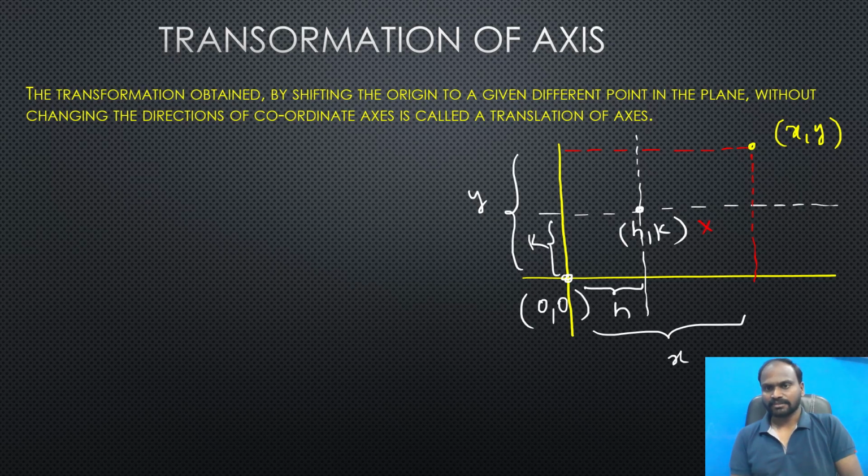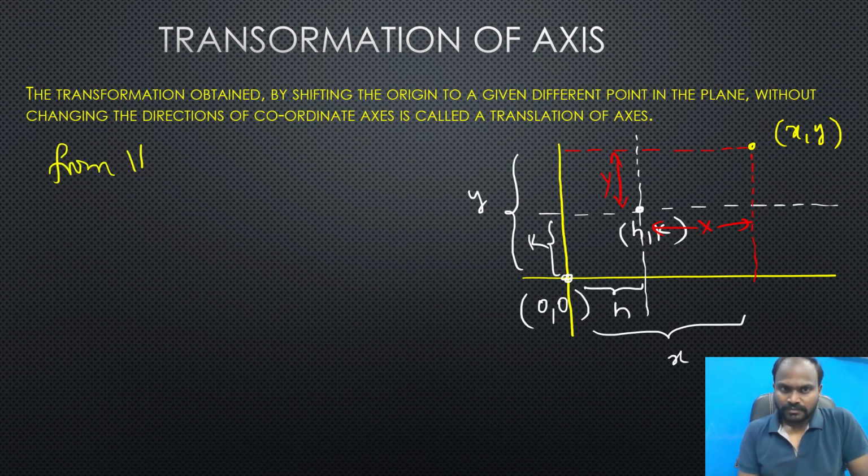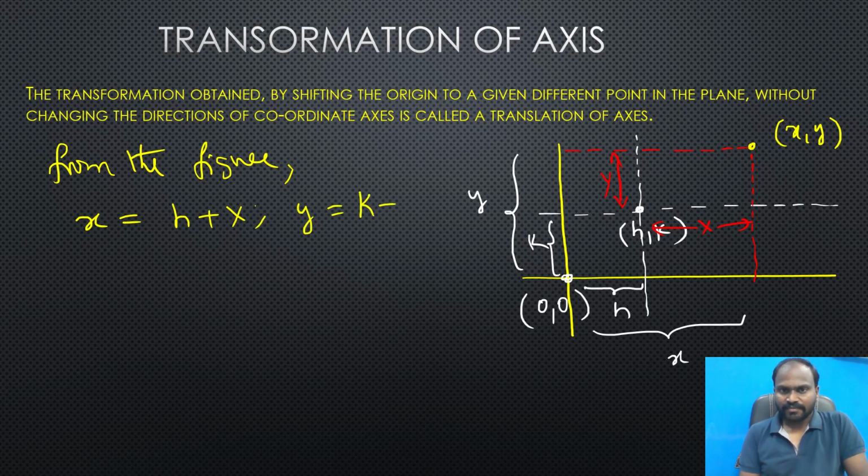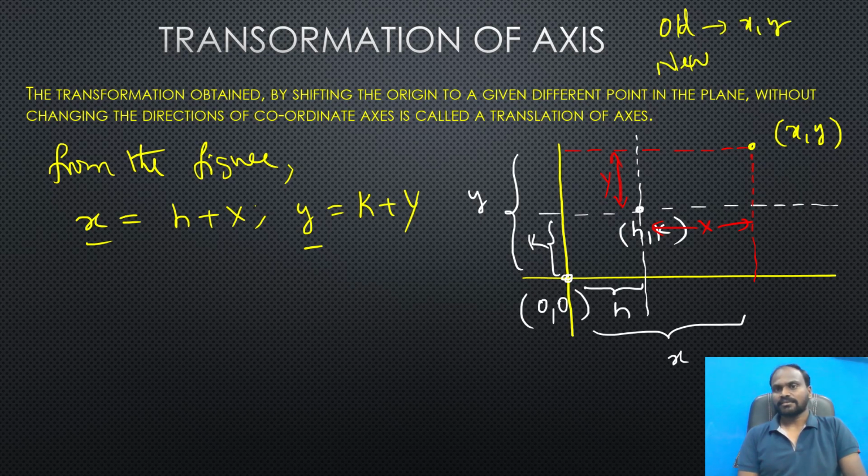Let us assume this is capital X and this is capital Y. From the figure, when the origin is shifted to another point, small x is equal to h plus capital X, and small y is equal to k plus capital Y. Small x and small y are the old coordinates, and the new coordinates are capital X and capital Y. And h comma k is the new origin.